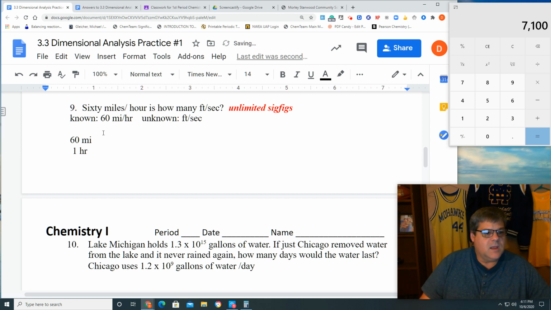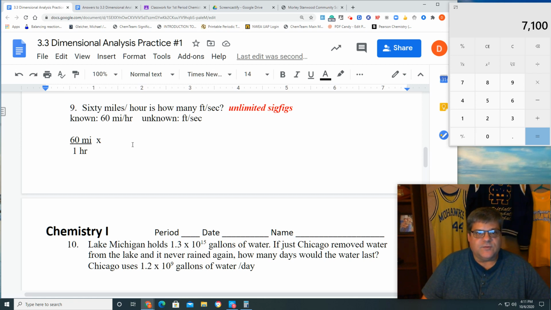We're going to make sure that this is lined up so we don't have any problems. Put our times in a line. We have to cancel out hours and change them to seconds, and cancel miles and change them to feet.